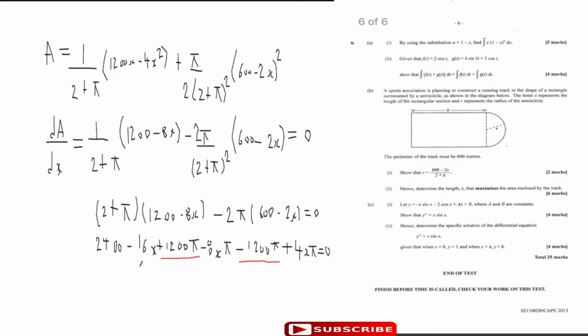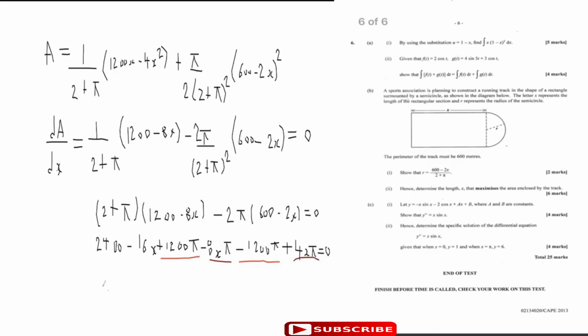If we group our x terms, or even if we factor out the x, you don't even need to do that yet, because this 4x pi and this minus 8x pi is minus 4x pi.